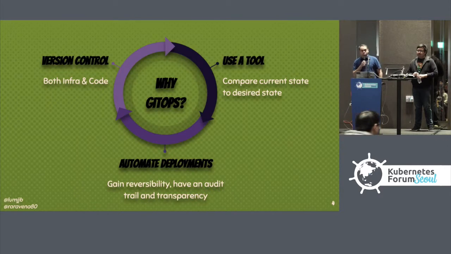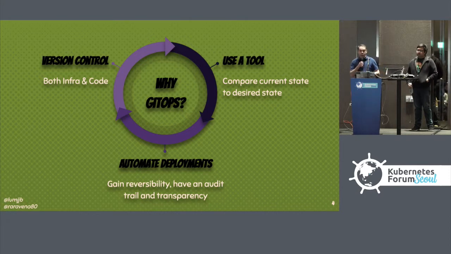So why do people want to have something like GitOps? We came up with these 3 reasons, but basically people want to have a tool that allows them to keep a current state and also a desired state. But not only that, that same tool automatically changes from that current state to that desired state.